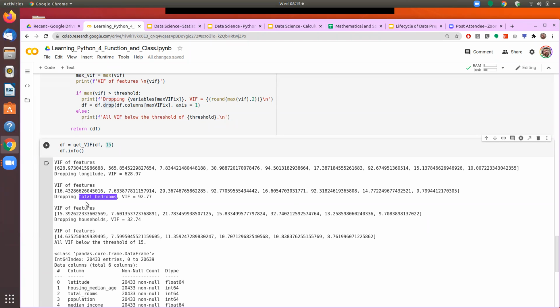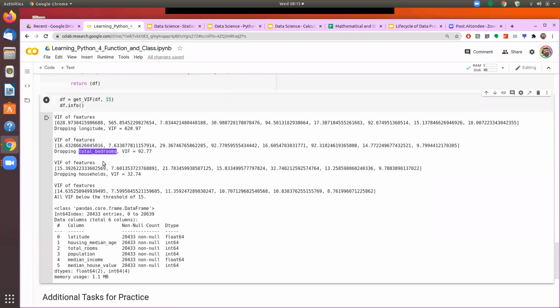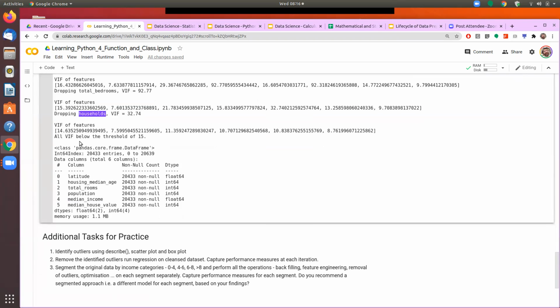Then it finds out the total bedroom has a very high VIF score. That is because the total bedroom has a very high correlation with the total rooms, the population, and so on. And therefore, it drops the total bedroom. Having dropped the total bedroom, it now finds that the household has a very high VIF score, so it drops the household. Then in the end, it says that now all VIF is below 15.